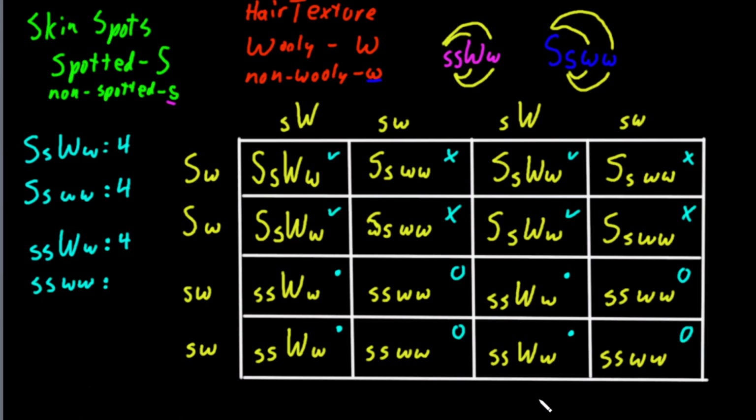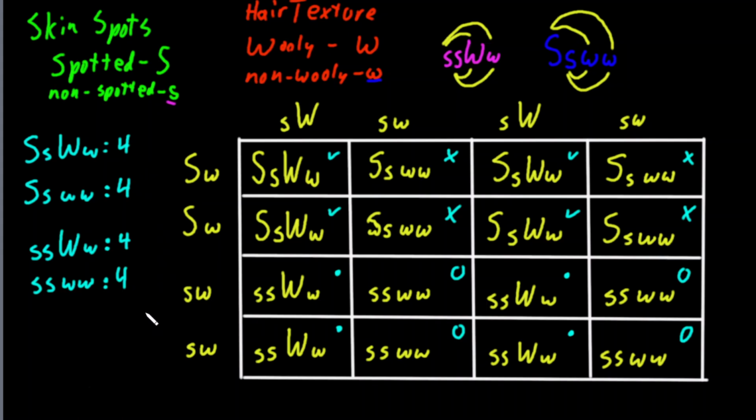Okay, and so once again 4, and so I only have 4 genotypes, and each of them has 4 possible offspring that might meet that. So 25% each for that.